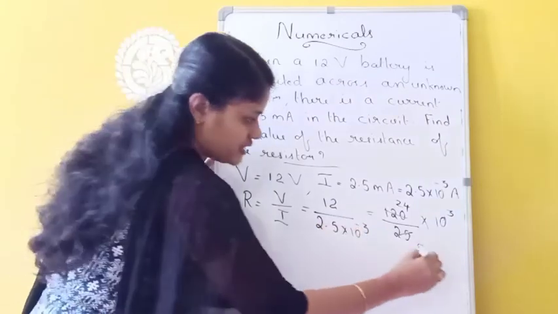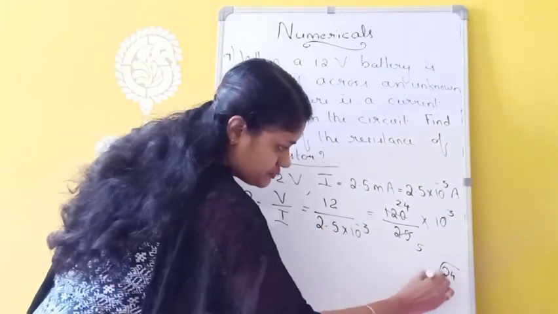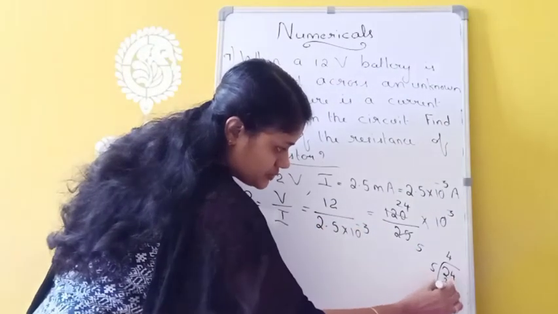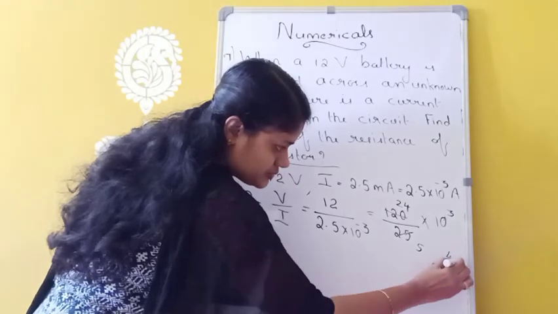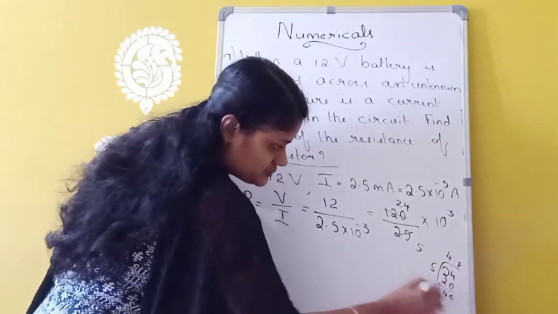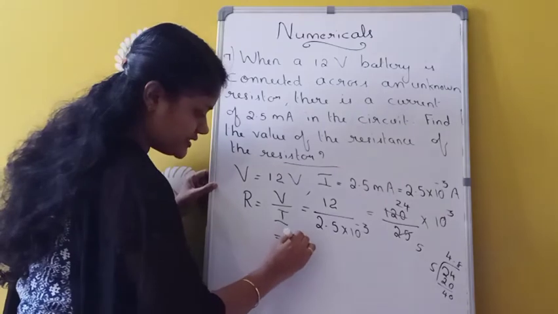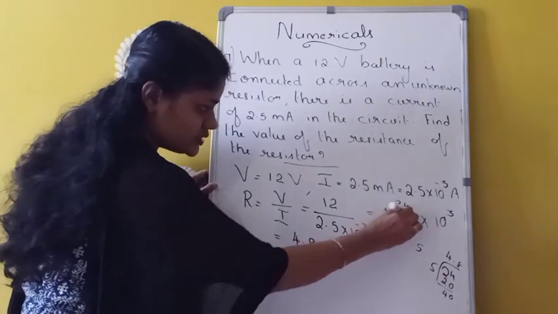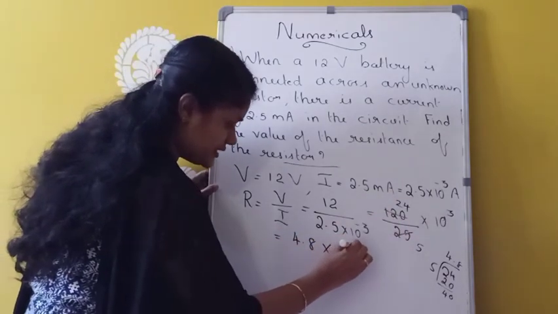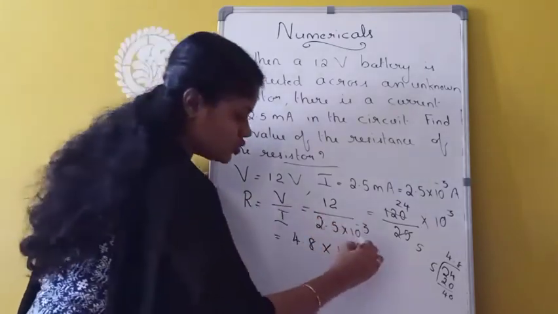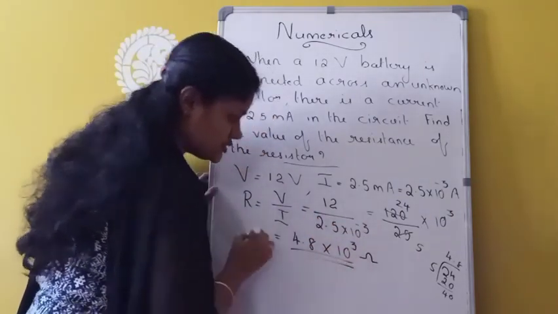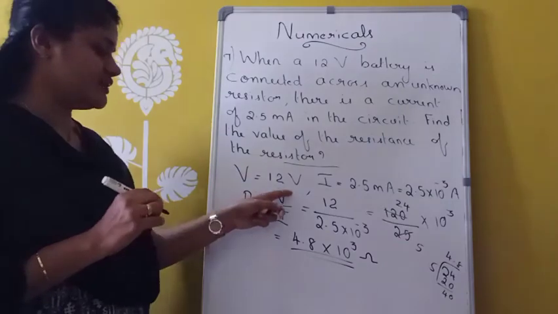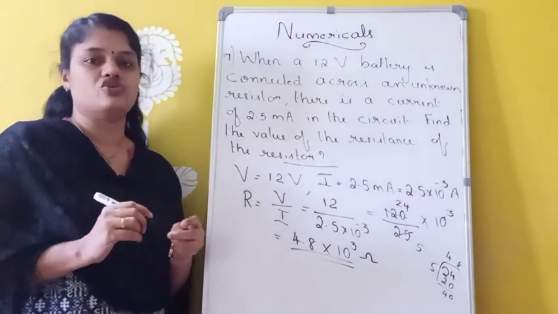So 24 by 5 is 4.8. So we get 4.8 into 10 raised to 3. What is the unit of resistance? Ohm. So we are using the formula R equals V by I, that is the Ohm's law formula.